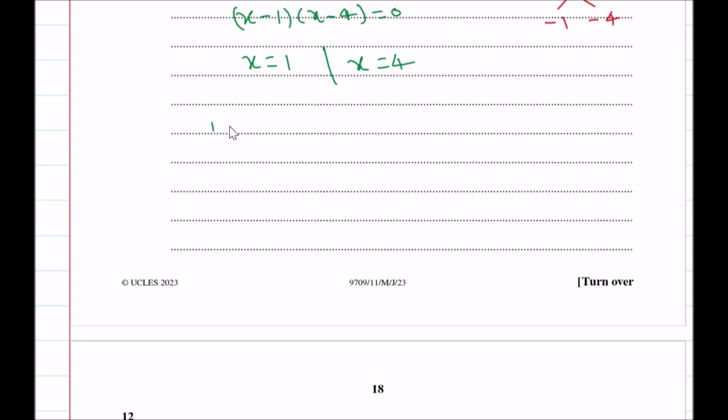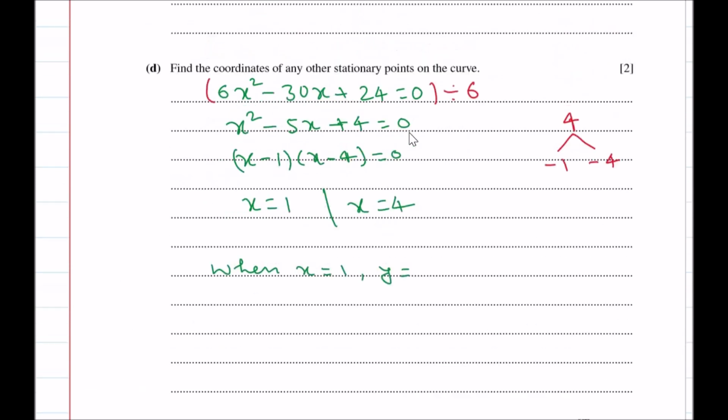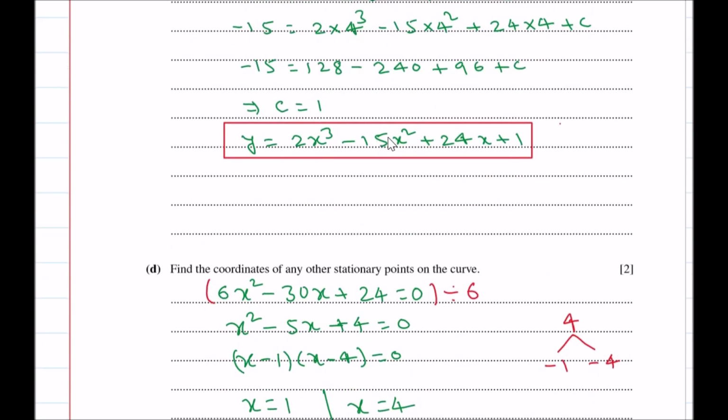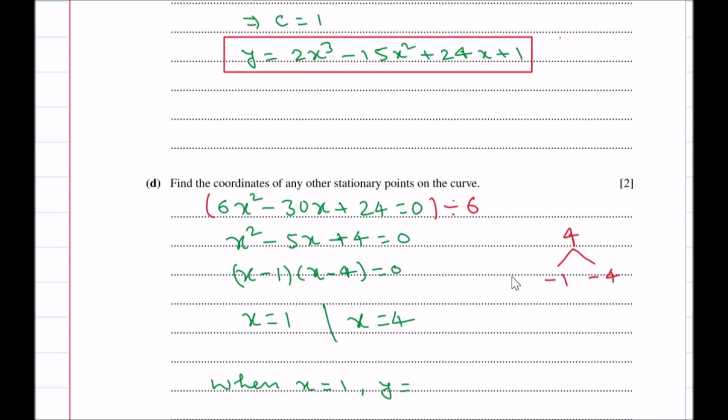So when x equal to 1, y equal to, we substitute here: 2 into 1 cube, minus 15 into x square, x is 1, so 1 square, plus 24 into 1, plus 1.